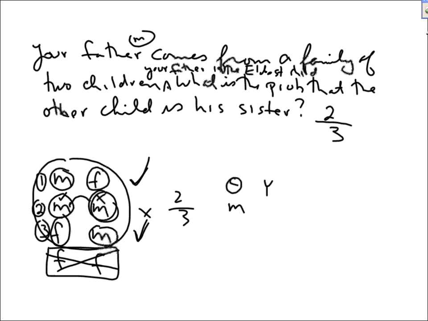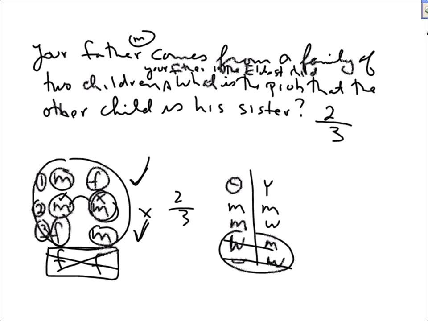Normally, you can have man and man, man and woman, woman and a man, woman and woman. Well, these 2 cases get knocked out because the oldest child can't be a woman. So these are the only 2 cases.